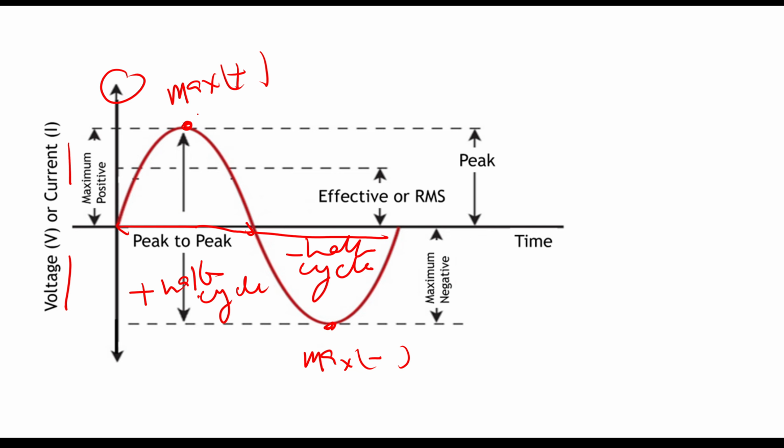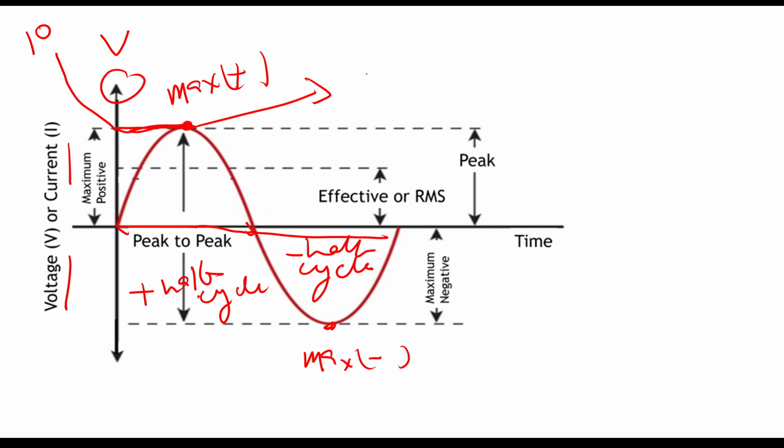For example, if I take the voltage, and this might be current also, if the value here is 10, then I can say the maximum voltage is 10 volts. There is one more name, which is peak.